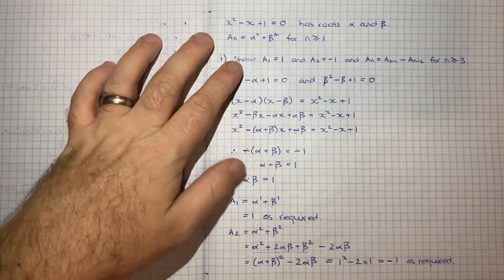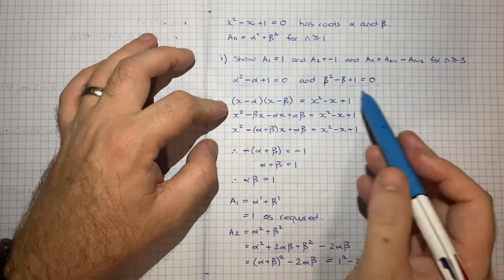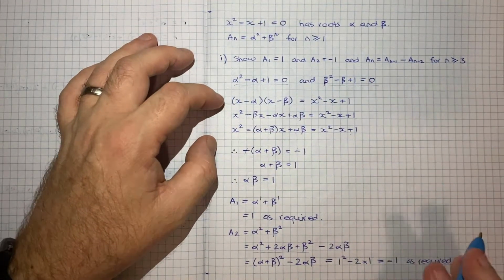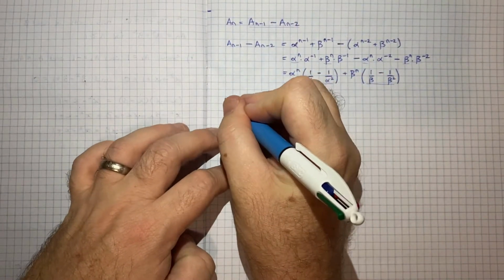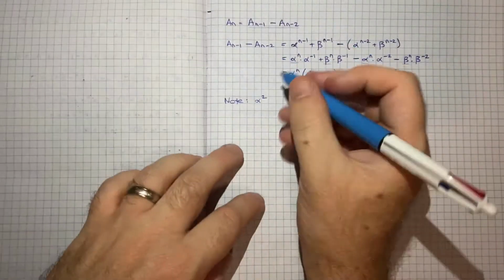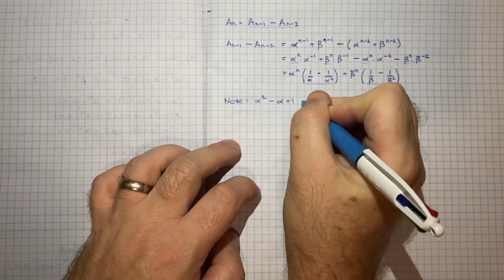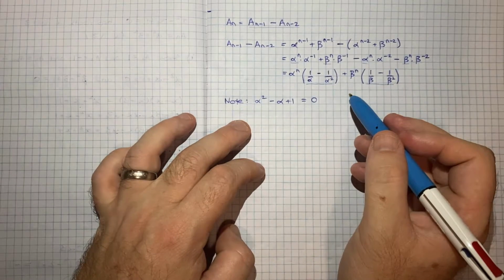Now, I think these two results are going to help us. So that's kind of why it was helpful to just note them down at the beginning, because if we know that alpha squared minus alpha plus 1 is equal to 0, then let's do some rearranging here.